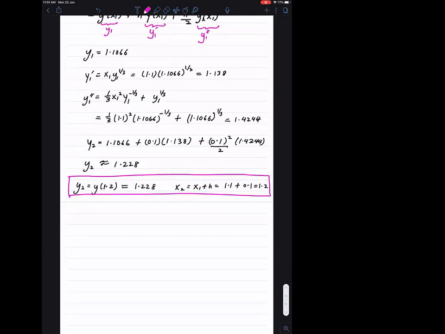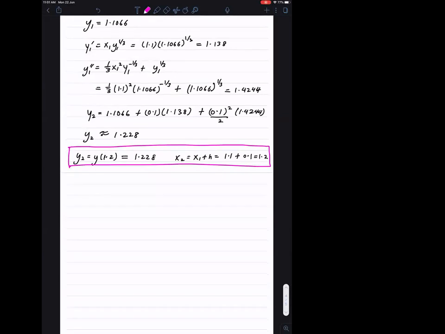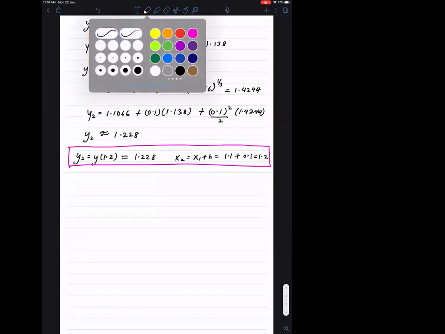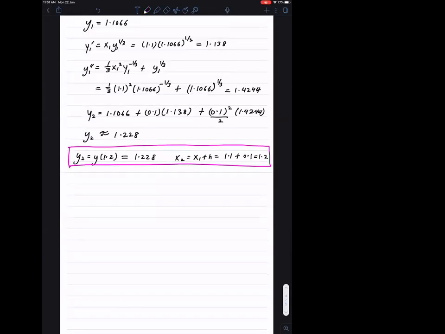Okay, in your assignment, it's given dy/dx is x minus x y squared, right? And it's also given y(0) is 1. So this is x naught, and that's y naught.